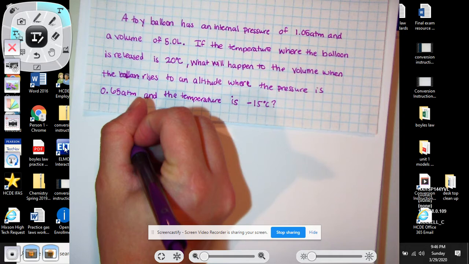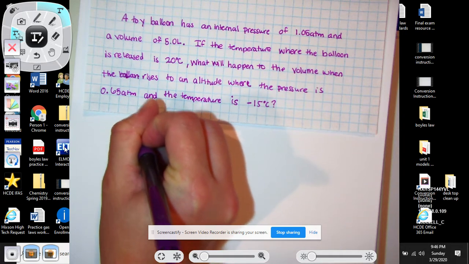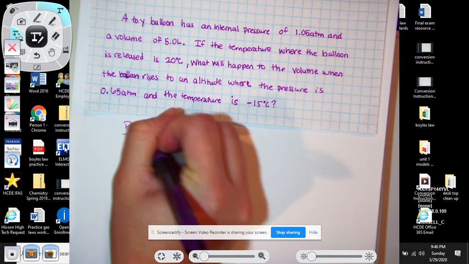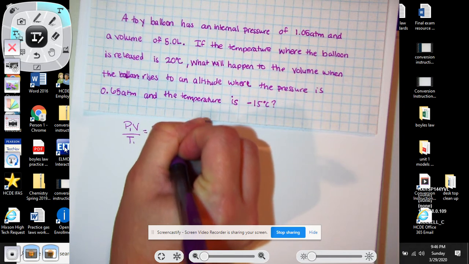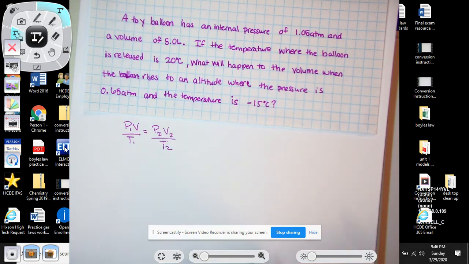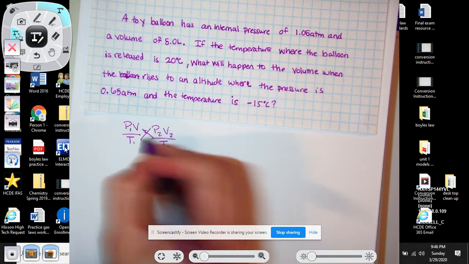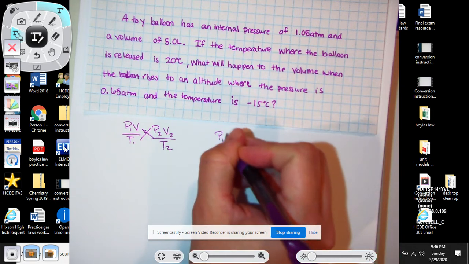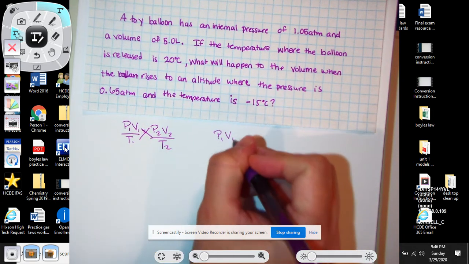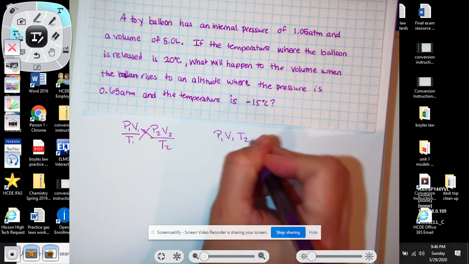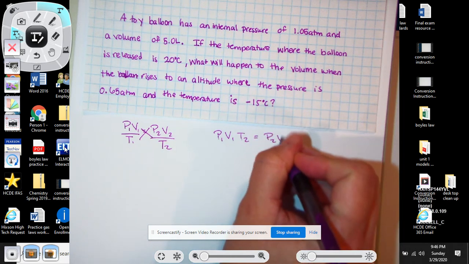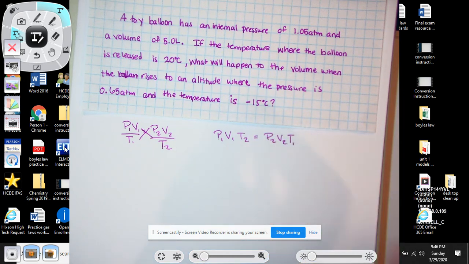So once again, we've got P1 V1 over T1 equals P2 V2 over T2. I'm going to cross multiply before I do anything. P1 V1 T2 equals P2 V2 T1. Okay, so that's my generic normal equation.